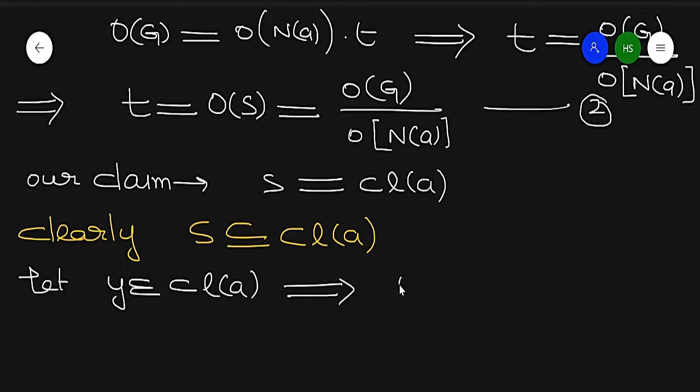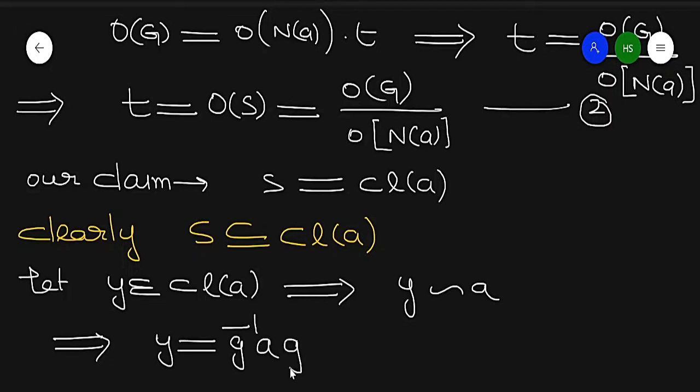It means this Y is related to A, so Y is conjugate to A. So Y can be written as g inverse A g, where g is some element belonging to capital G.